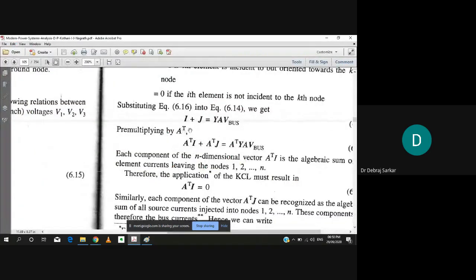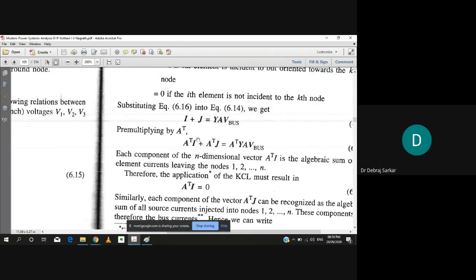What I have said is that if we pre-multiply with A transpose, to this, for which we have already found the right-hand side, Y A V bus. Now we multiply with A transpose to this.